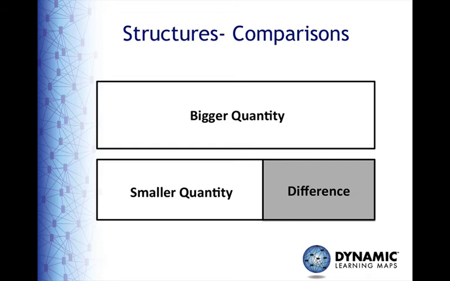Many students will try to solve these problems using the part-whole structure by thinking the larger quantity is the whole and the smaller quantity is one of the parts. However, they need to recognize that comparison problems use 2 different wholes, and the quantities in part-whole come from the same whole.